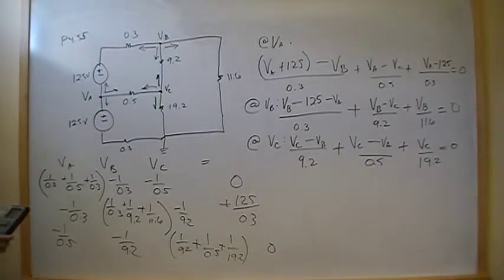Then -1 divided by 0.3, 1 divided by 0.3 plus 1 divided by 9.2 plus 1 divided by 11.6, and -1 divided by 9.2, and 125 divided by 0.3. Then -1 divided by 0.5, -1 divided by 9.2, 1 divided by 9.2 plus 1 divided by 0.5 plus 1 divided by 19.2, and 0. Solve.